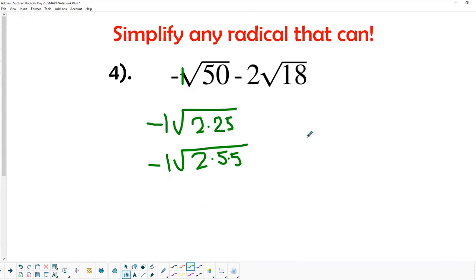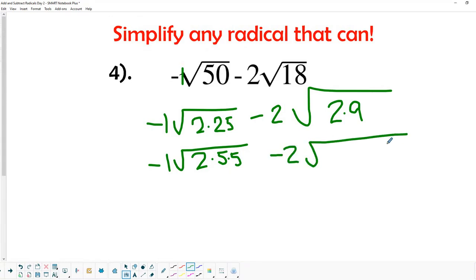And then our next one, we're going to have -2 times the square root of 2 times 9, which will be -2 times the square root of 2 times 3 times 3.